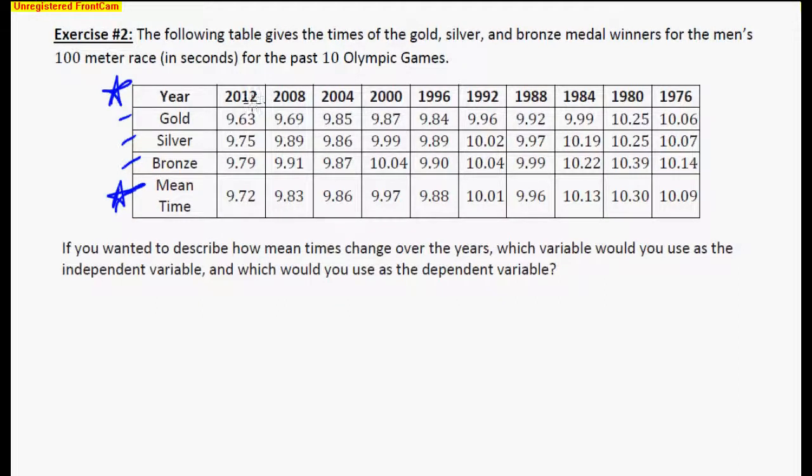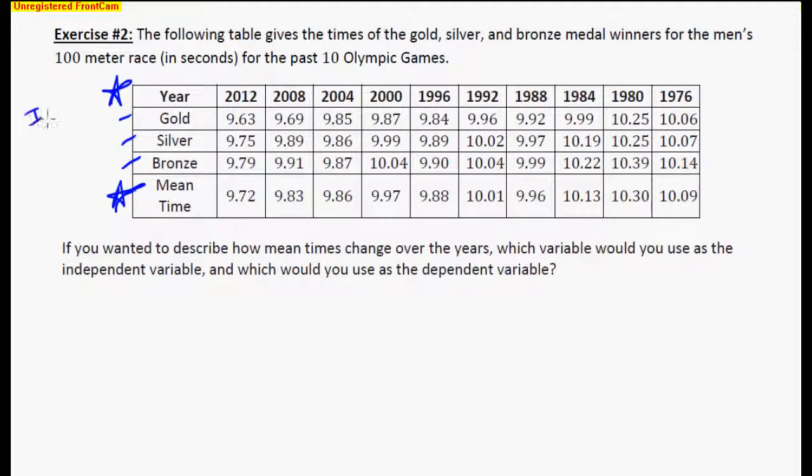Well, the years do not matter as to what the times were, but the times definitely matter, because usually as the Olympic games go on, they get more recent, the times improve. All right, because athletes get better, they have better training methods, and they always try to beat those old records. So years are going to go on regardless. All right, so that is going to be my independent variable.